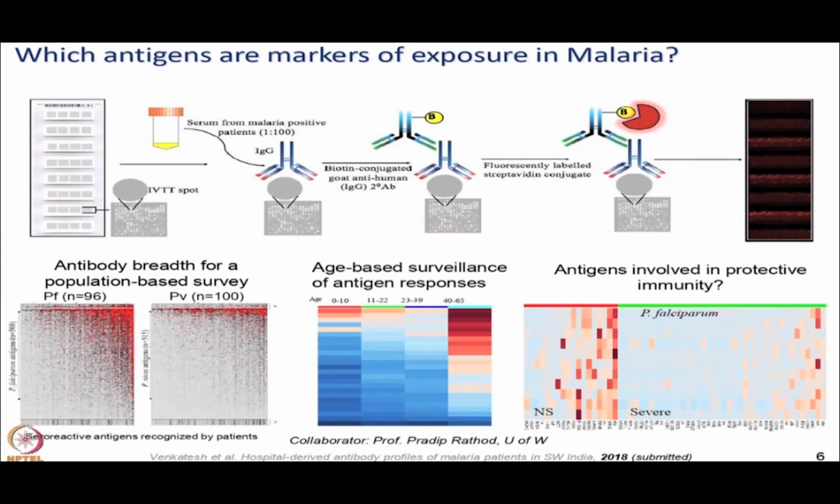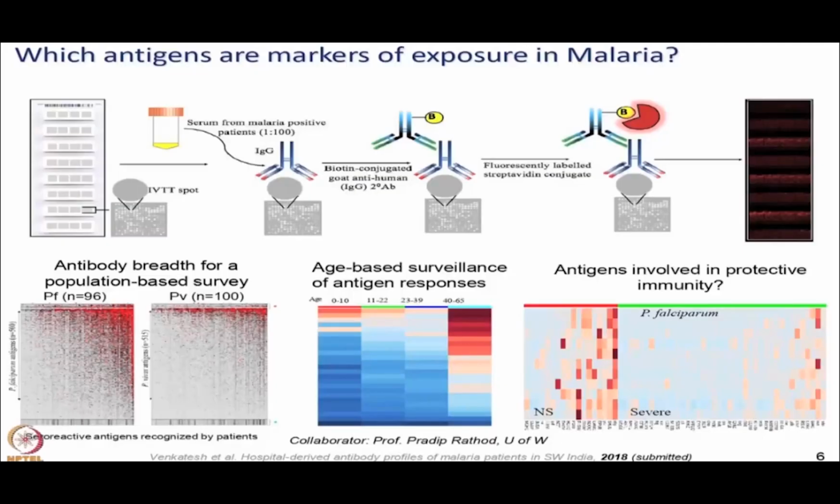In this case, we looked at the Goa population, in collaboration with Professor Pradeep Rathod's lab at the University of Washington. A variety of patients affected by malaria, both falciparum and vivax, were screened, and on the chip we had only antigens from falciparum or vivax parasites. So, the patients' serum samples are probed on the chip and we are looking at the antibody breadth of patients suffering from falciparum or vivax malaria.